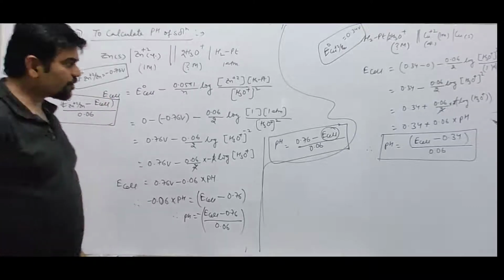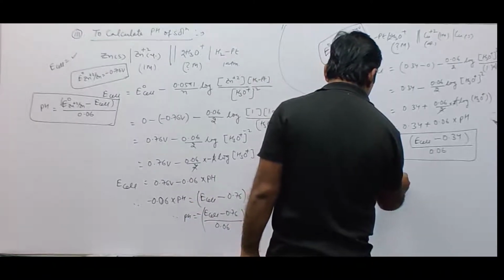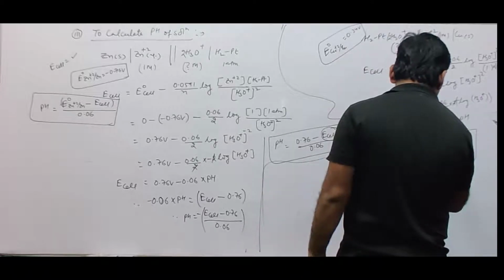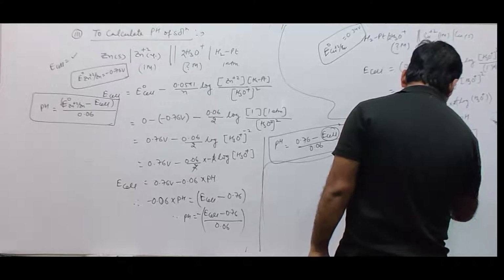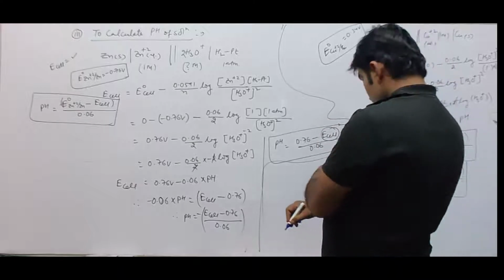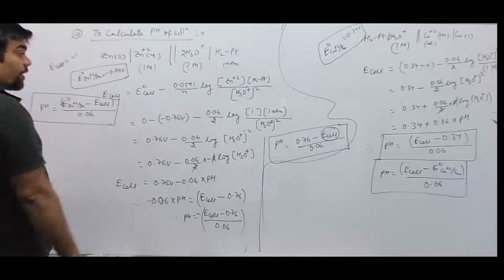This is a general expression. In the other case, pH is equal to EMF of cell minus E naught of Cu2+/Cu divided by 0.06. These are general equations to calculate pH of solution.